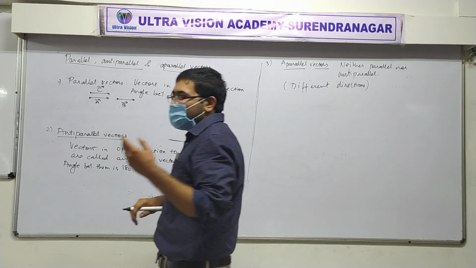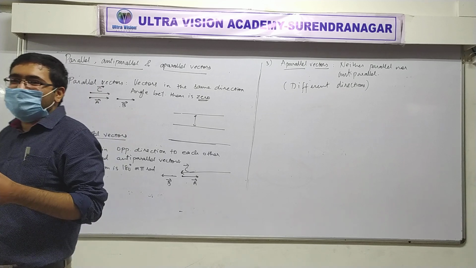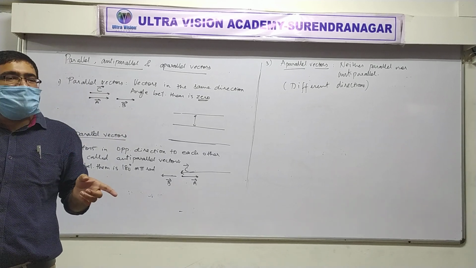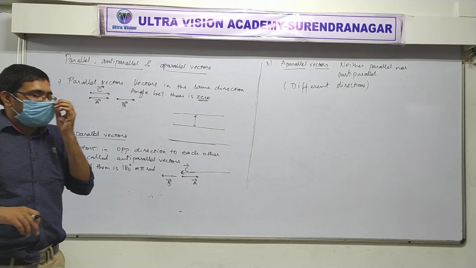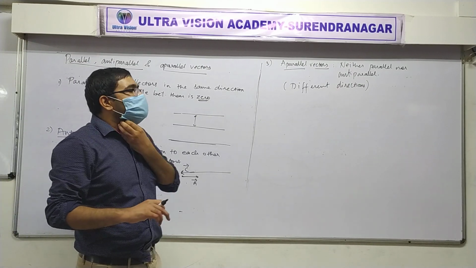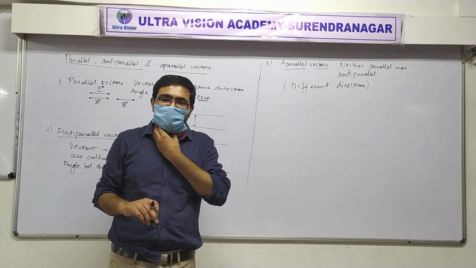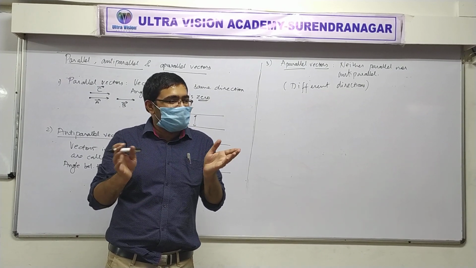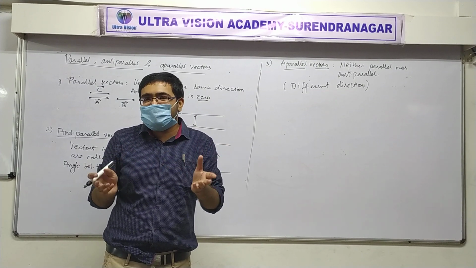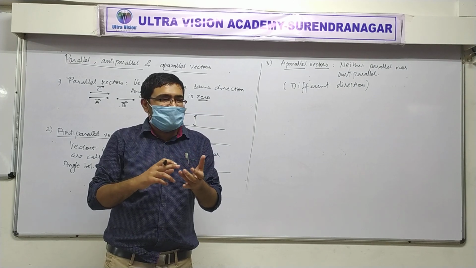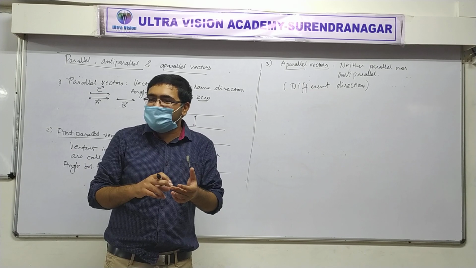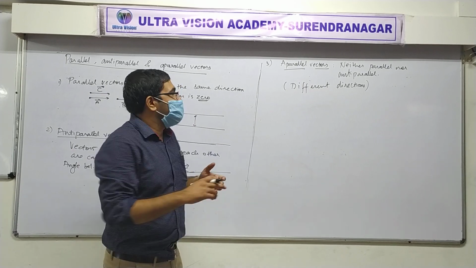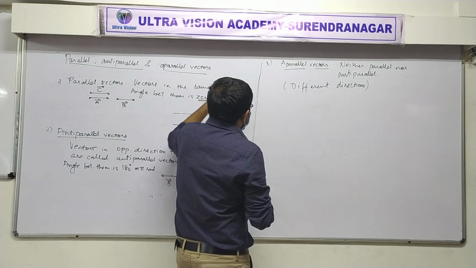What does different mean in physics? The angle is not 0, the angle is not 180. Clear? Understood? The angle is not 0 and not 180. It can be anything in between. It can be 167, it can be 179, it can be 131, it can be 90 degrees also. Okay? So these are three classifications.